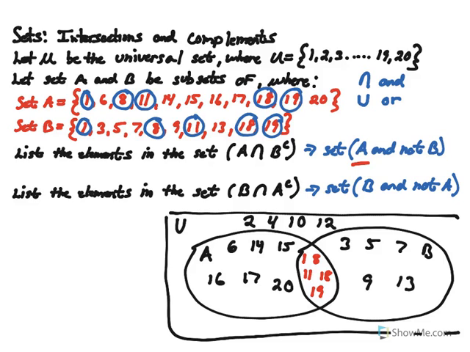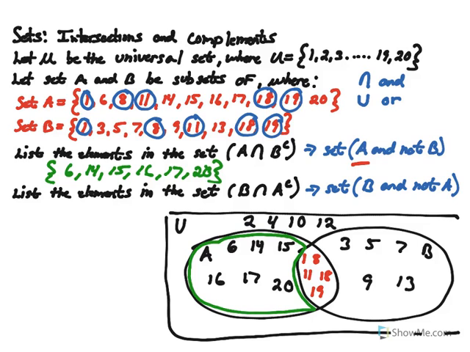You can just literally identify those. So we're going to write those here. We're going to have the elements 6, 14, 15, 16, 17, and 20. Can you see that the elements in green that I wrote are in A but are not in B?